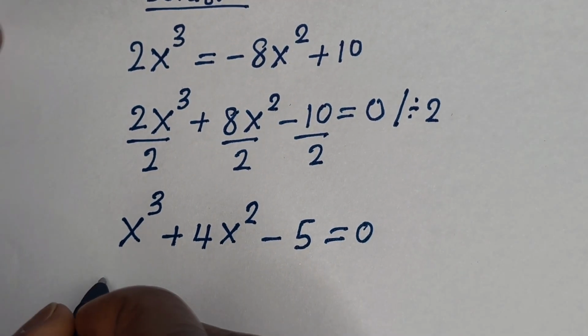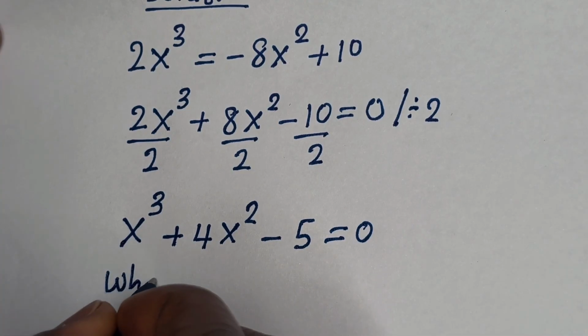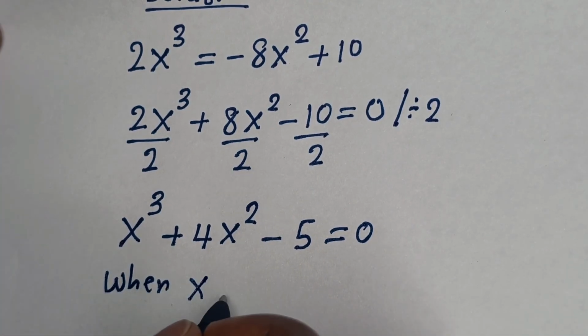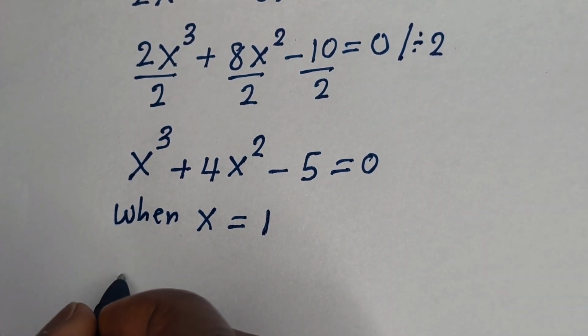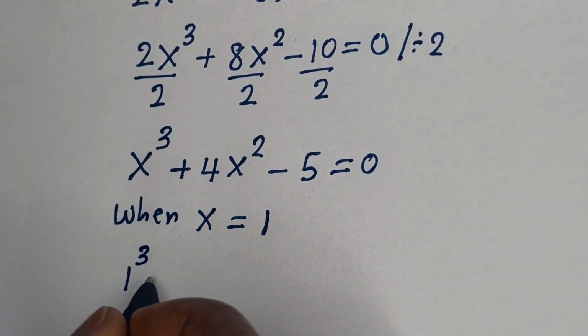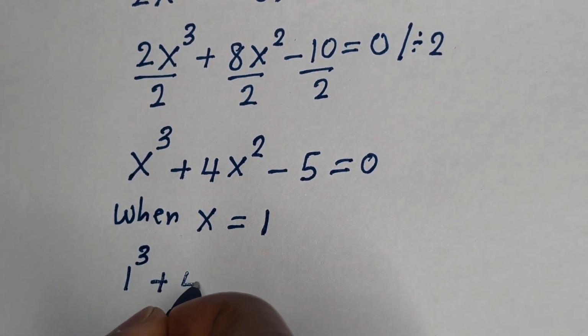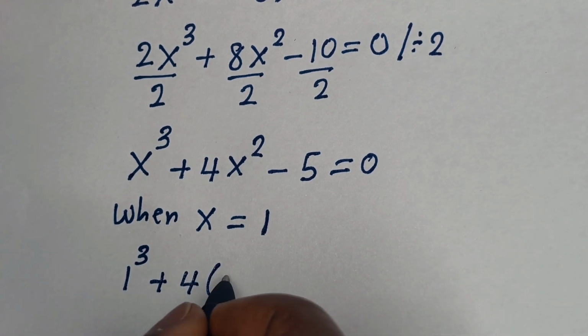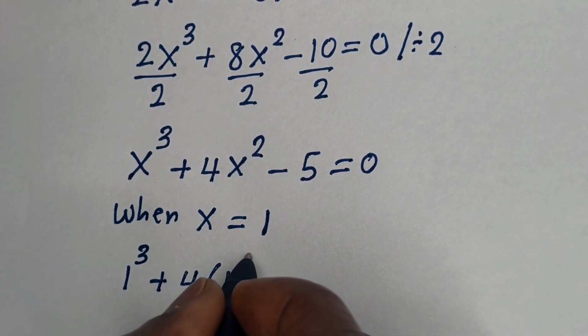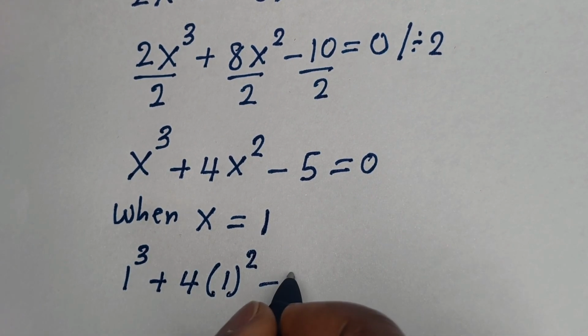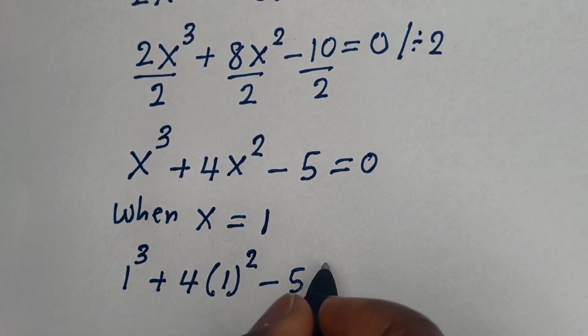Now, let's check when s is equal to 1. We have 1 raised to power 3 plus 4 bracket 1 squared minus 5 must be equal to 0.